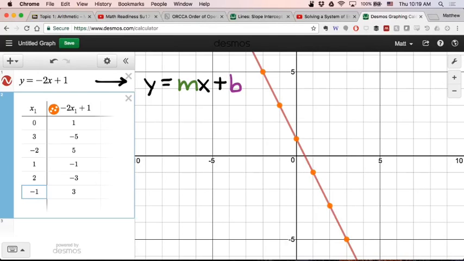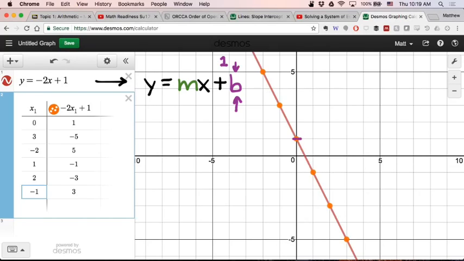In that template, what does m, or let's start with b, what does b stand for? From our example, we observe that b is equal to 1. So my question is, what feature of this line corresponds to that number 1? Where do I find that number 1 in this picture? Yeah, it's right here. It's the y-coordinate of this point.